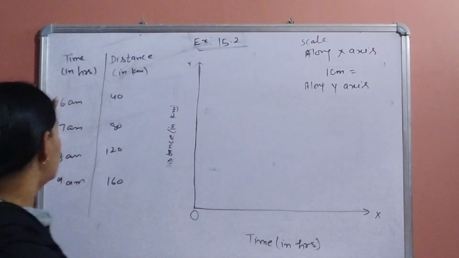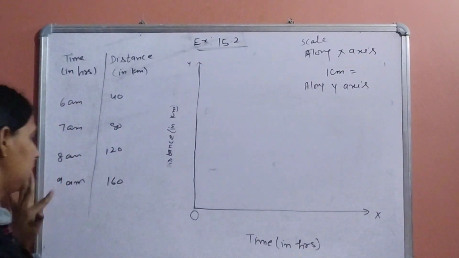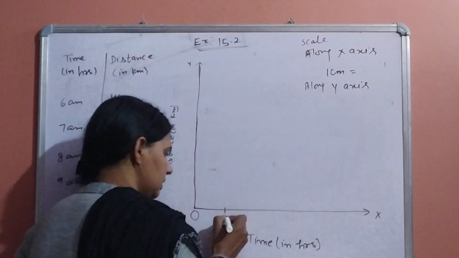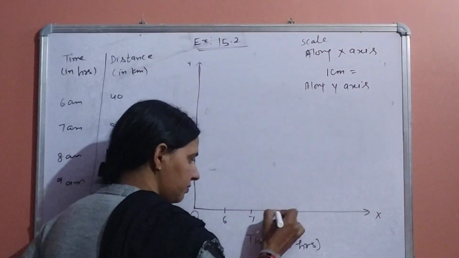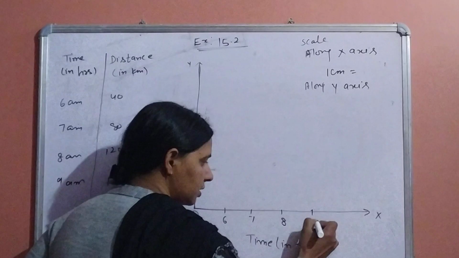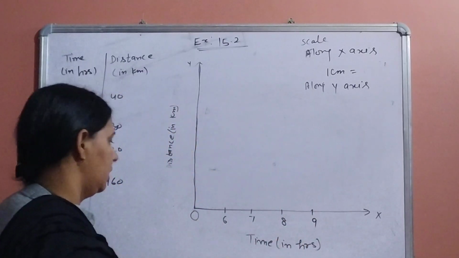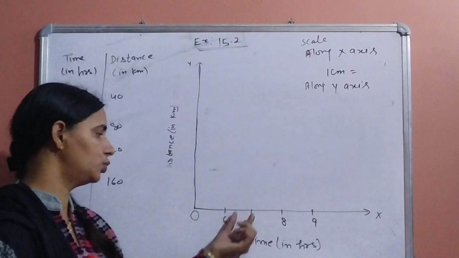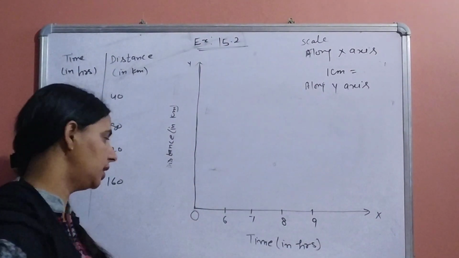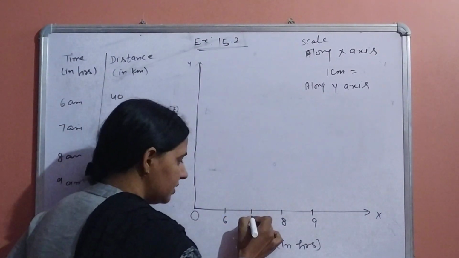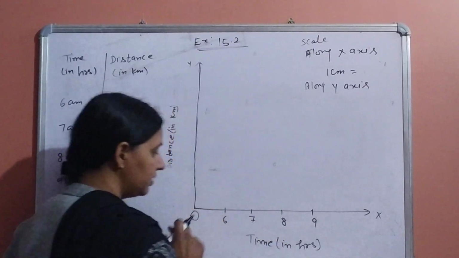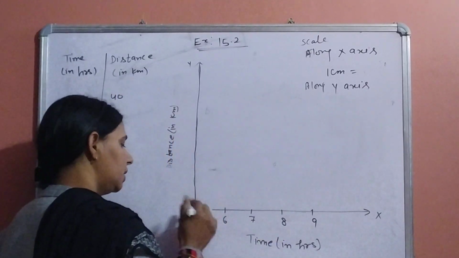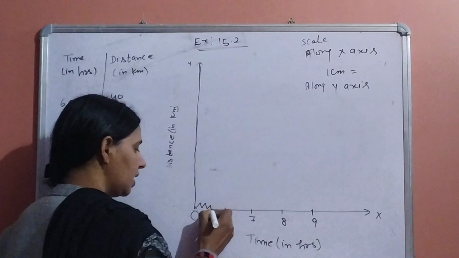Okay. So I'm taking 6 am, 7 am, 8 am, 9 am. You can take a scale of 1 unit each, 1, 2, 3, 4, 5 and then up to 9. I'm starting with 6, and if I'm starting with 6, then we have to use a kink here.